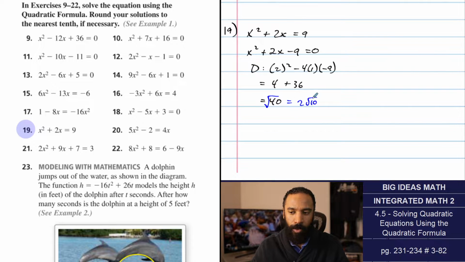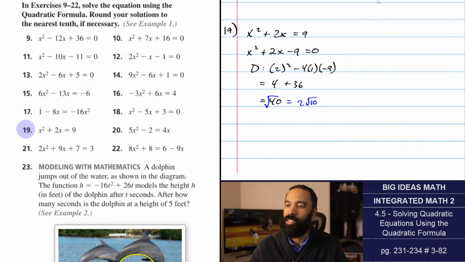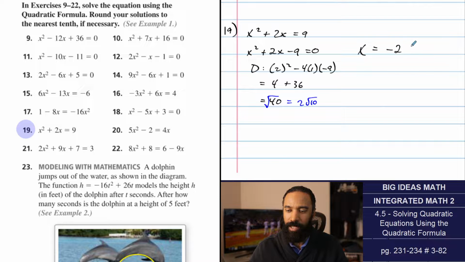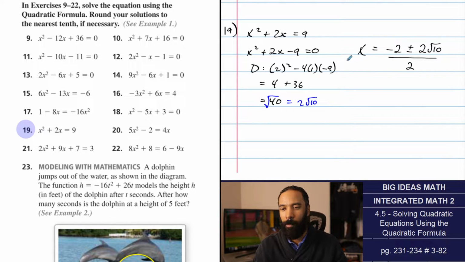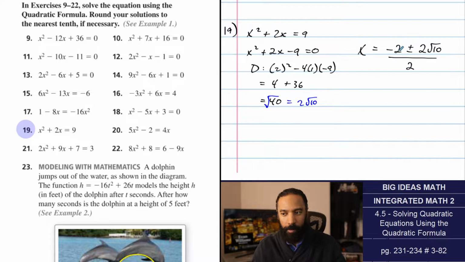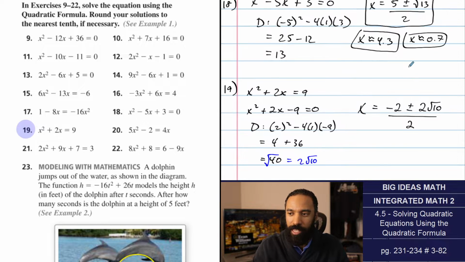This is the square root of b squared minus 4ac, right? 40 is just b squared minus 4ac. So x equals negative b plus or minus the square root of b squared minus 4ac, all over 2a, 2 times 1. So this would be the correct answer, just like this one was.